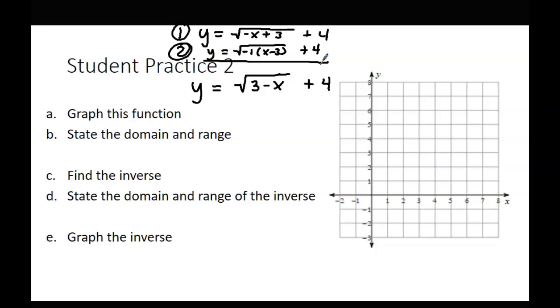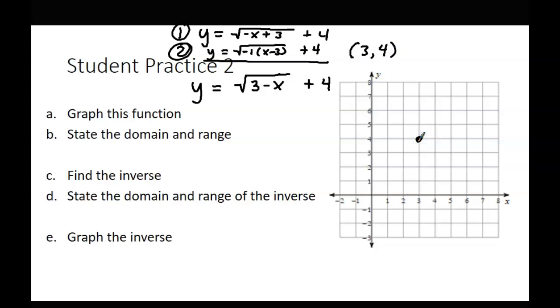I want to graph it. So what would my starting point be? So the starting point would be this number, but the opposite sign, and then this number. So 3, 4. So over 3 up 4.